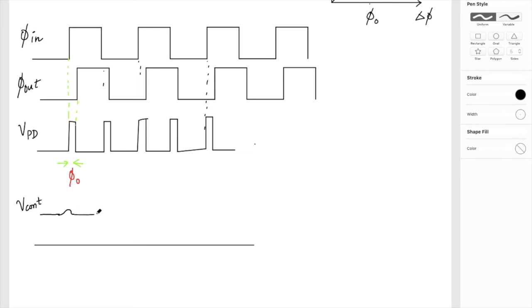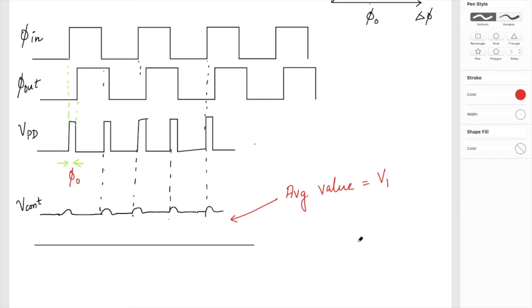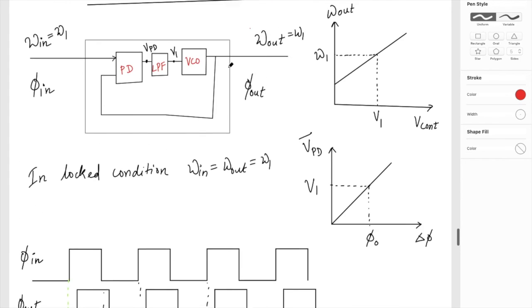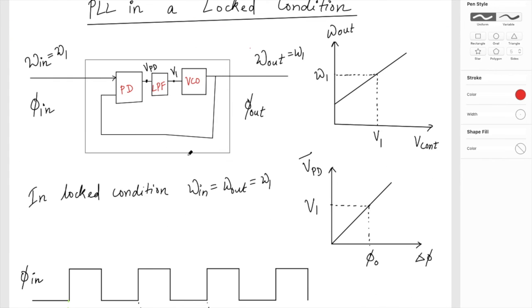Because of this there will be some ripples, something like this. And the average value of this, after doing the filtering, is equal to V1. So this is the V control voltage. This is how a PLL looks in a lock condition.